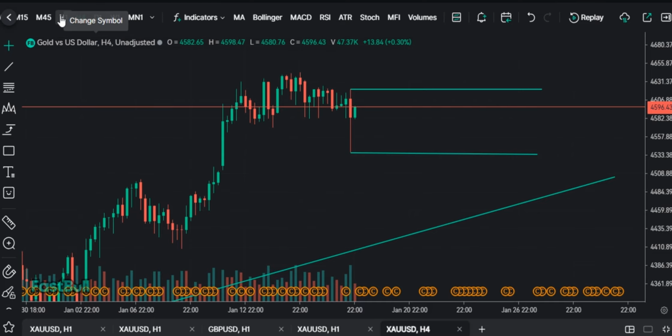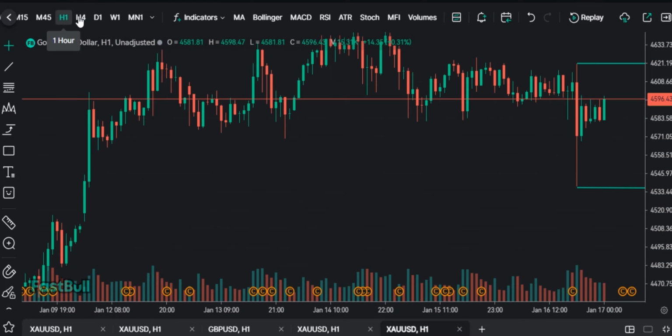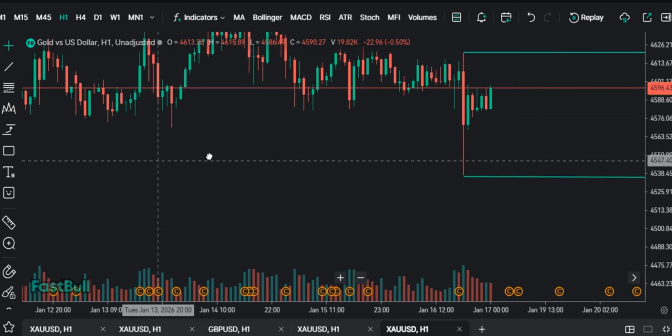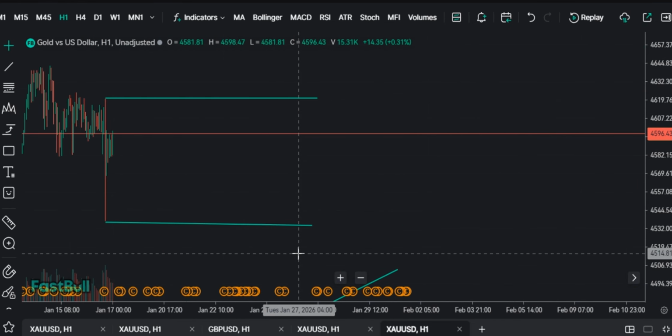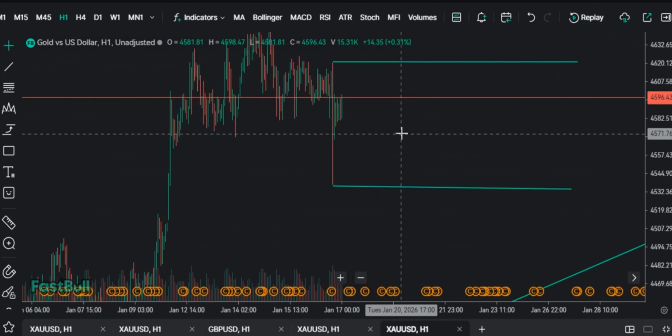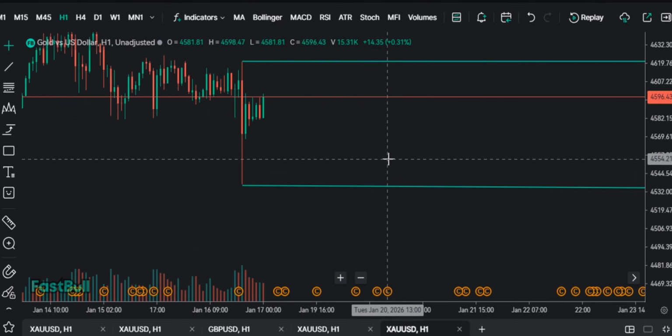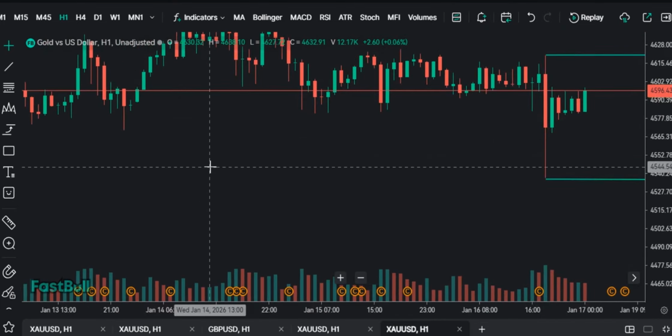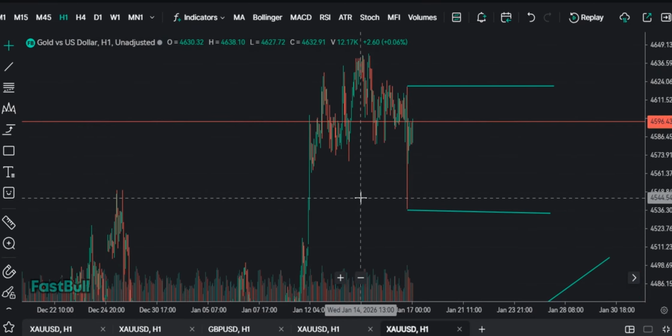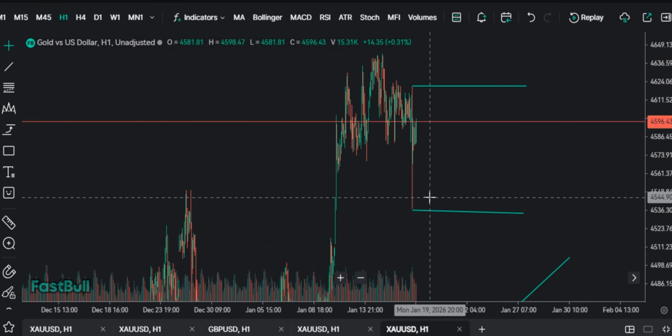Now let's go to the 1 hour time frame and mark out what we are seeing here. It gives you the market bias, how it has worked out. See the weeks here we have marked out. Let me show you clearly.